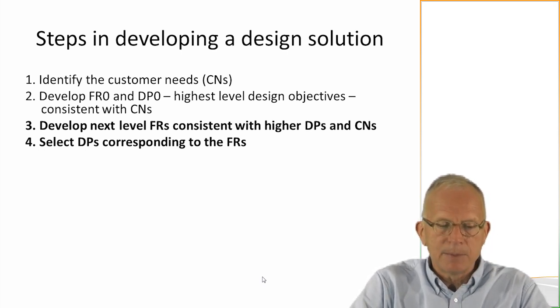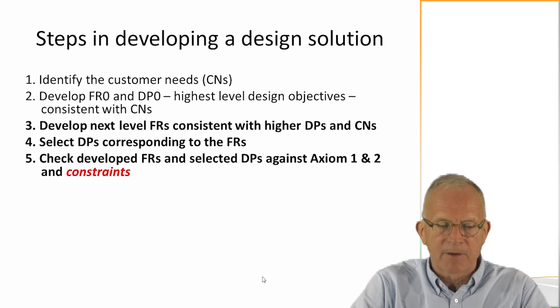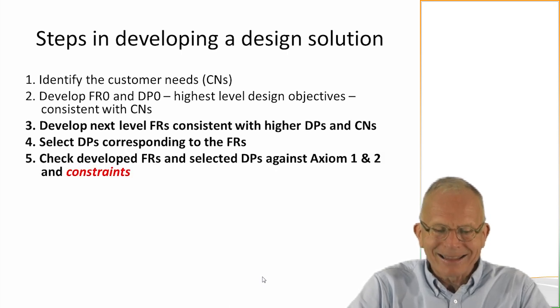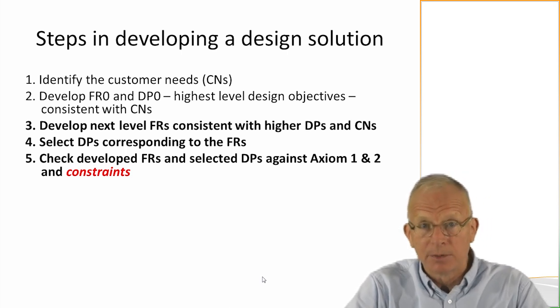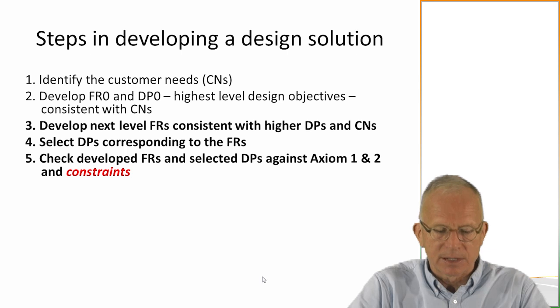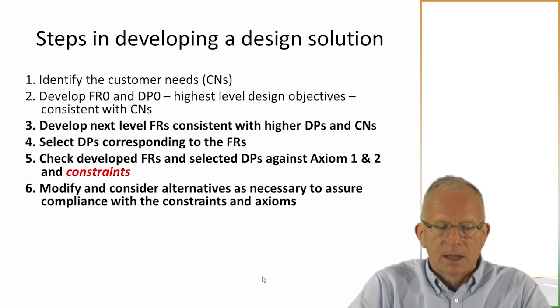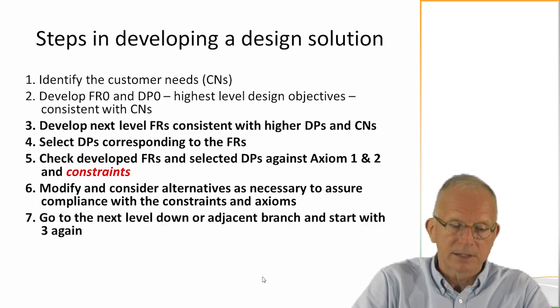Then we select DPs corresponding to these FRs. And then we check the FRs and the DPs against axiom 1 and axiom 2 and the constraints. Then we modify and consider alternatives so that we can assure compliance with the constraints and the axioms.